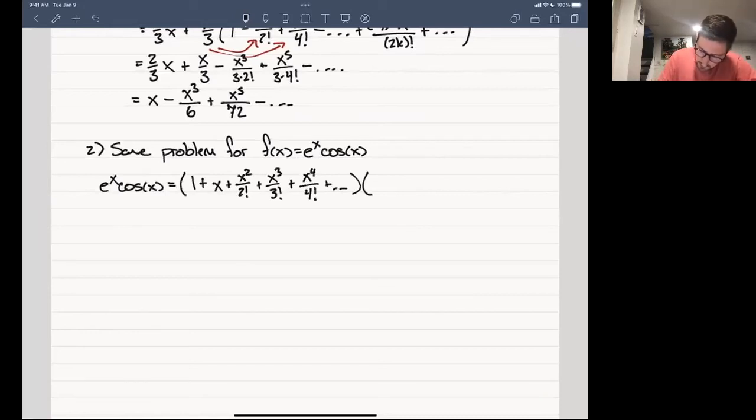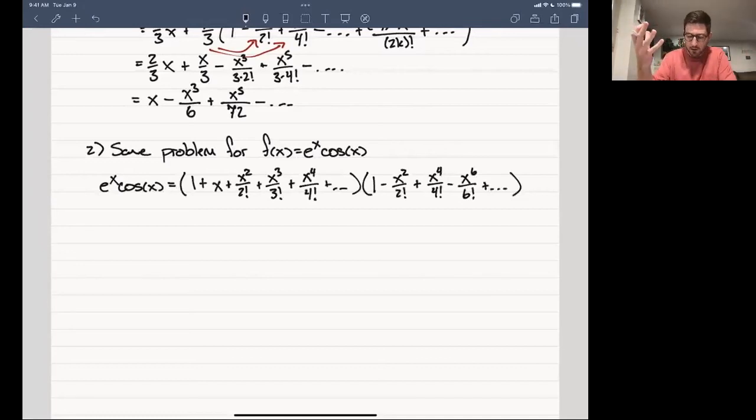And cosine, we just did it, 1 minus x squared over 2 factorial plus x to the 4 over 4 factorial minus x to the 6 over 6 factorial. And we can let that one keep running up. I'm actually only going to calculate up to degree 4 here, just for the sake of this, because it gets quite tedious as you go on.